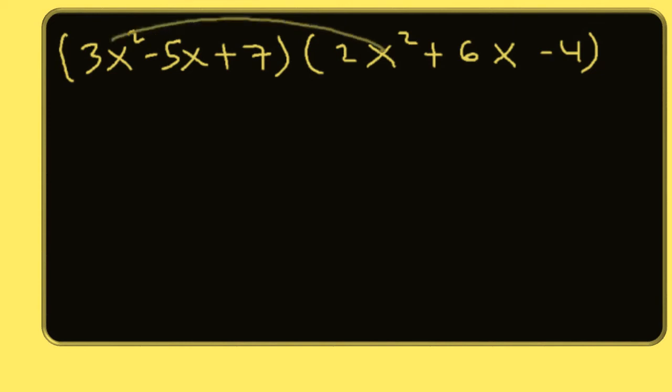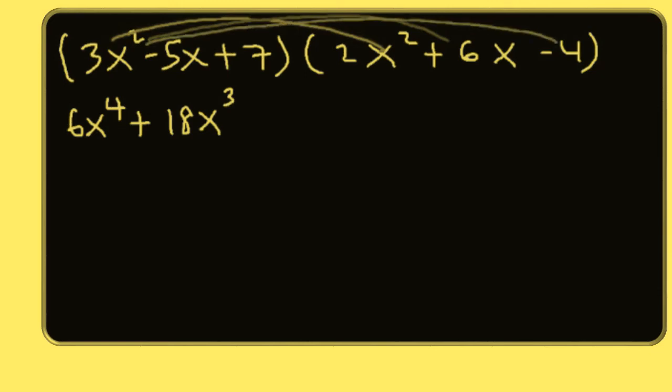So 3x squared times 2x squared is 6x to the 4th power, and then 3x squared times 6x, that's going to be 18x cubed. And then 3x squared times negative 4 is simply negative 12x squared.